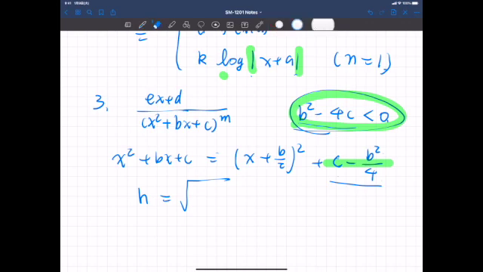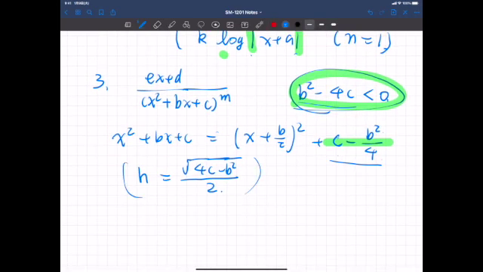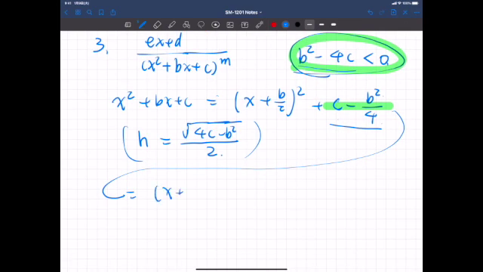Okay, so let's see. 4c minus b squared. Let's see. h is the square root of 4c minus b squared over 2. Then by putting this, we have this equals (x plus b over 2) squared plus h squared.